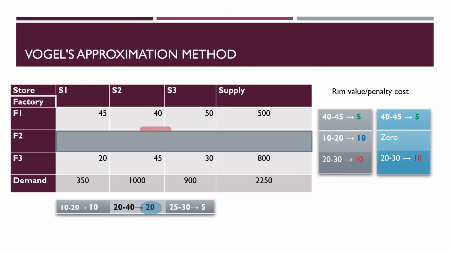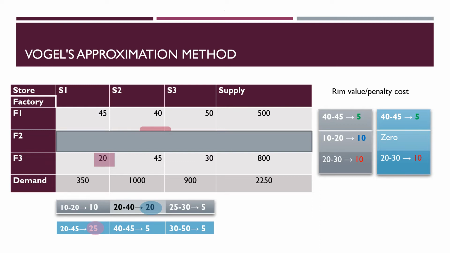And in the F3 row, the difference is 10. Likewise, we are going to calculate for the S1, S2 and S3 columns as well. Out of these penalty costs, the highest one is 10. Therefore, we are going to allocate to that particular cell.